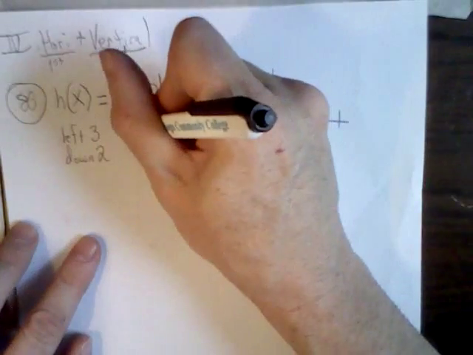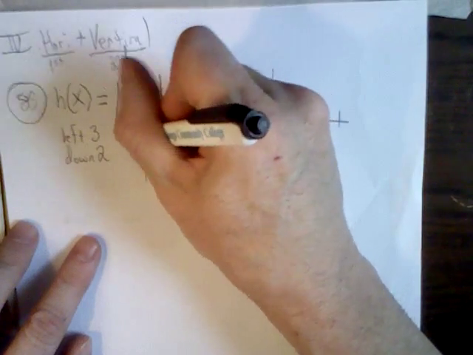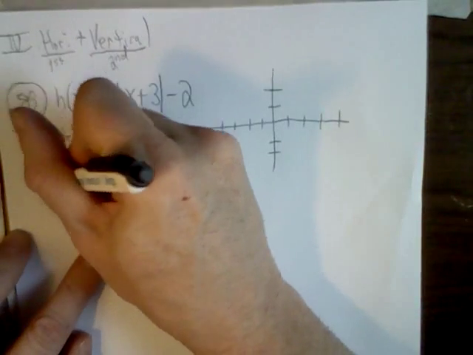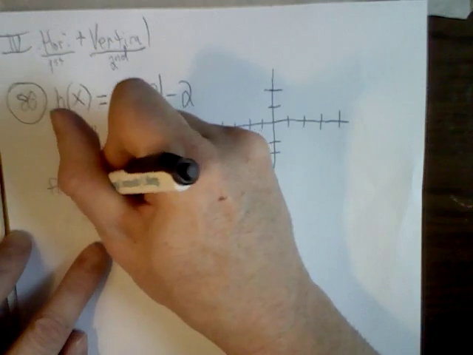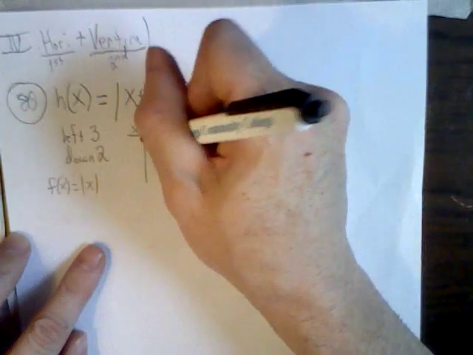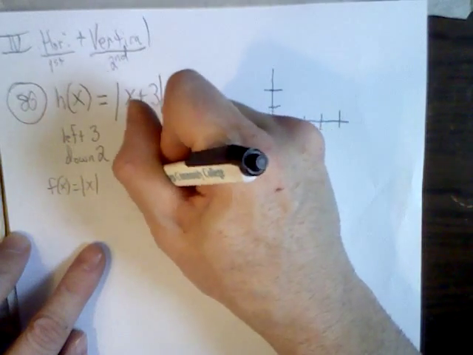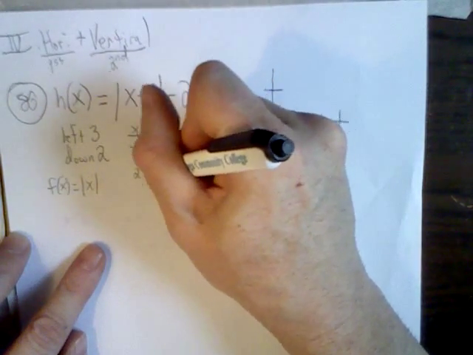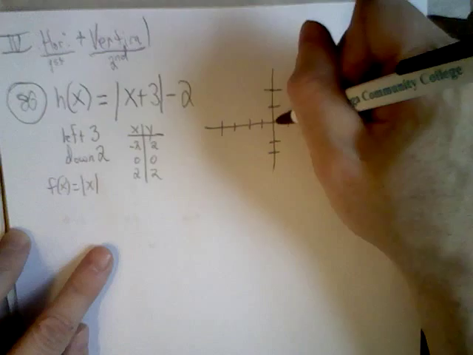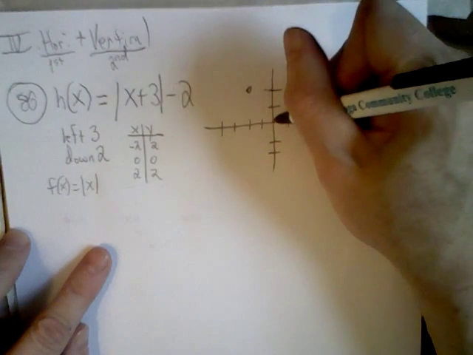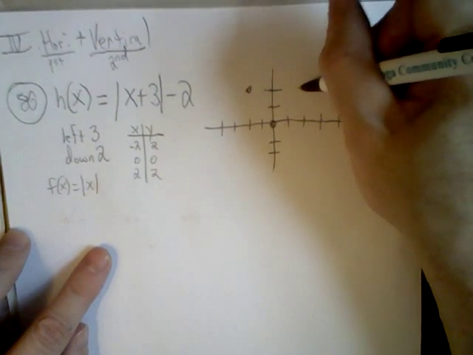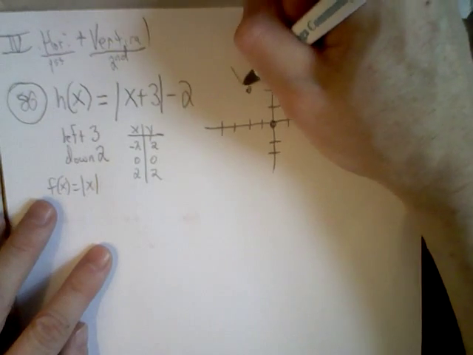Again, you can do a t-table for your original function, f of x equals absolute value of x. I'll try -2, 0, and 2. That gives me 2, 0, 2. So -2, 2, 0, 0, and 2, 2. And the graph looks like this.